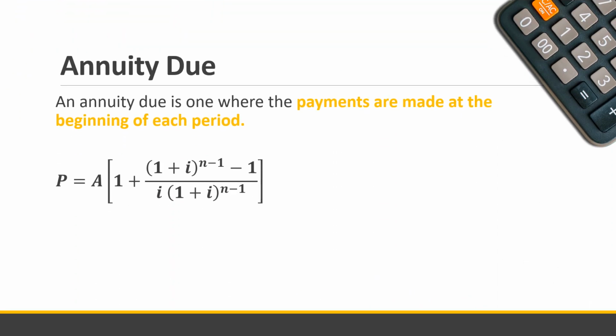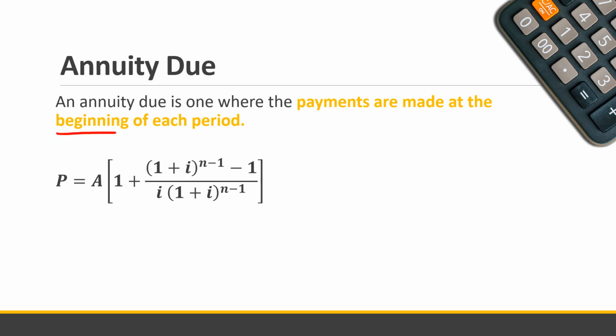So next is annuity due. So an annuity due is one where the payments are made at the beginning of each period. So this is the opposite of ordinary annuity. So ordinary annuity is the end of each period, but yung annuity due is at the beginning of each period.